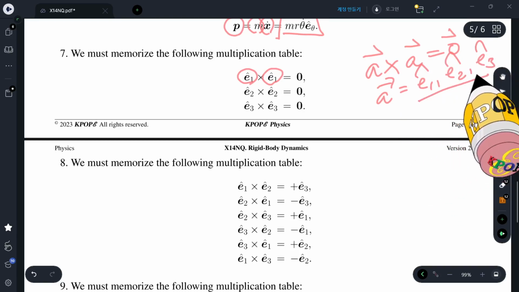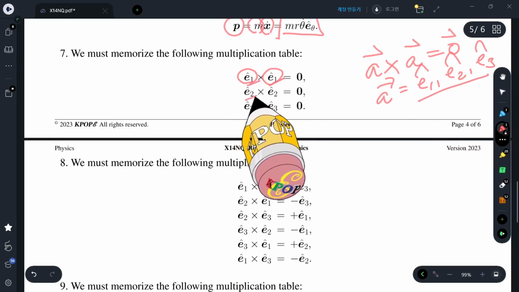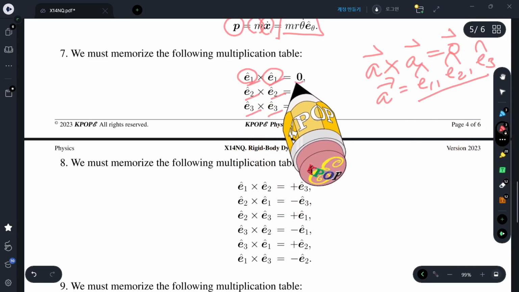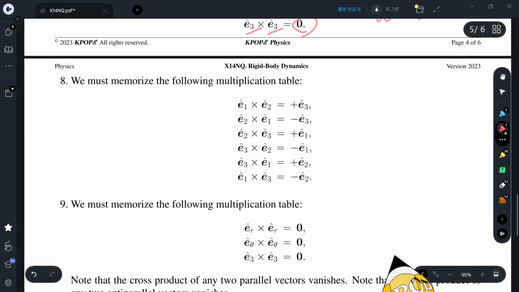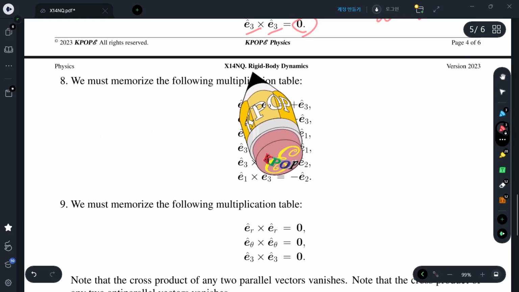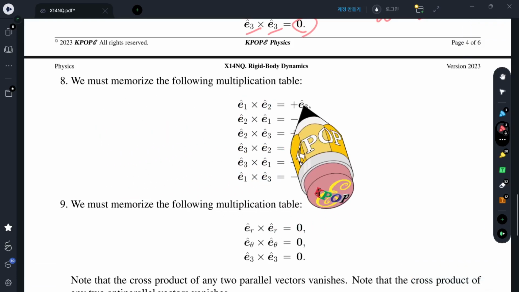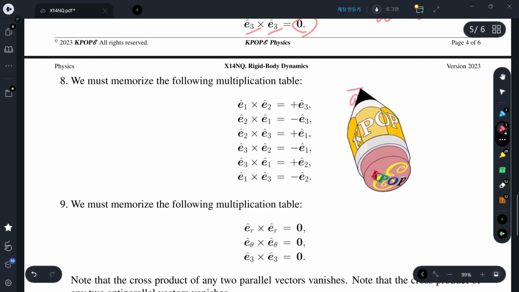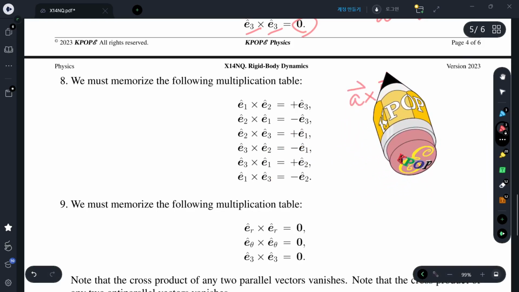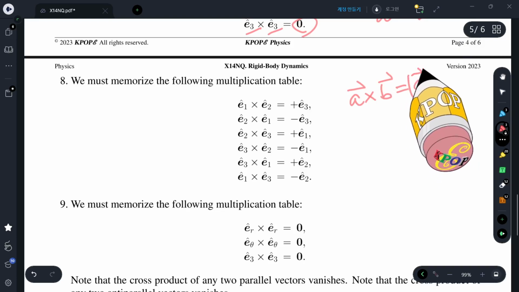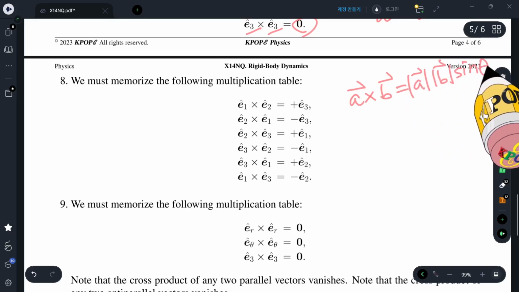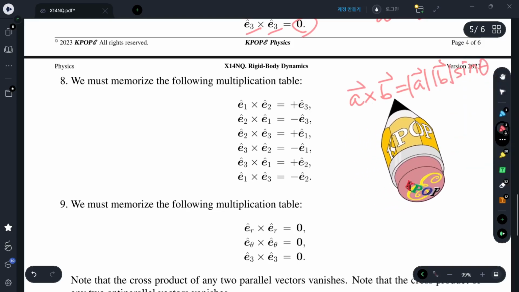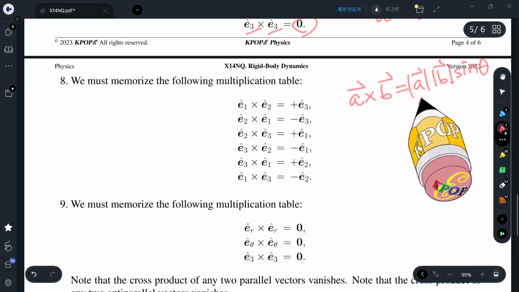In any case, if they are the same, the cross product is always 0. Next, we compute the cross product of two vectors, A cross B, that is the magnitude of A, magnitude of B, sine theta, where theta is the angle between A and B, multiplied by the unit vector.